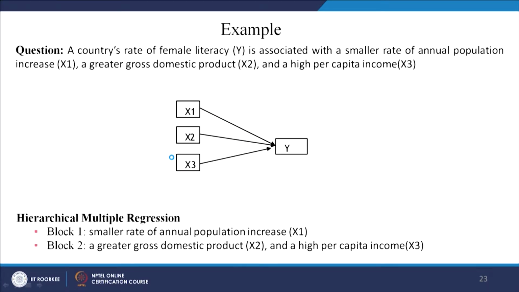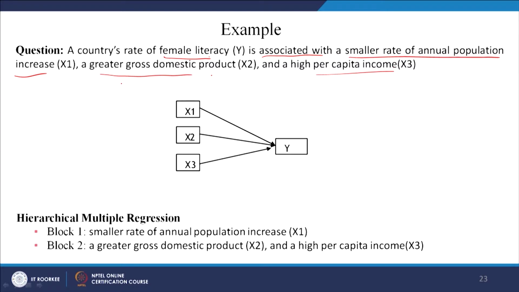Now, let us take this case. A country's rate of female literacy, because in a country like India, for example, Bangladesh, some of the Asian economies, the female literacy rate is very low or very poor, right. So, we are saying that it is associated with a smaller rate of annual population increase, and a greater gross domestic product and a high per capita income.